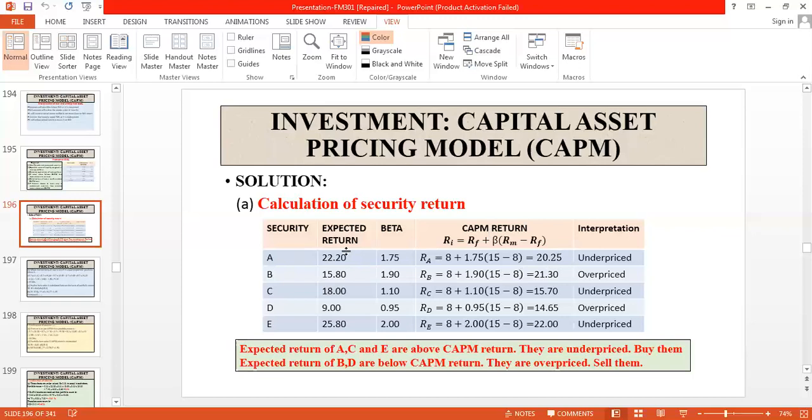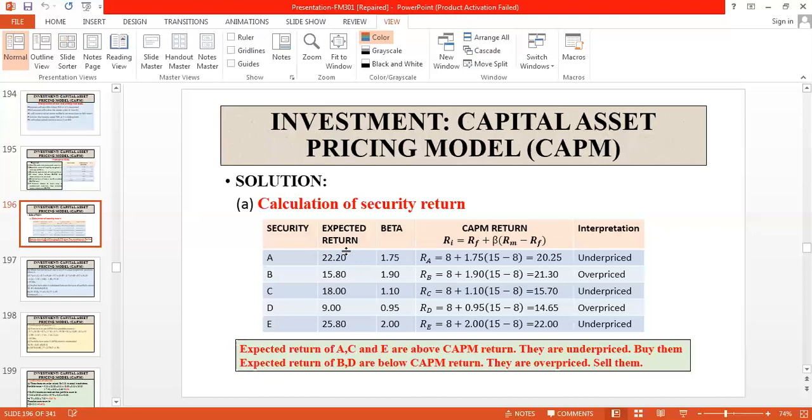So we can conclude that the security is actually performing better than its expectation. The expected point 22.2 will lie above the SML. So this is an underpriced share. Definitely we will buy it to get better return in my portfolio.